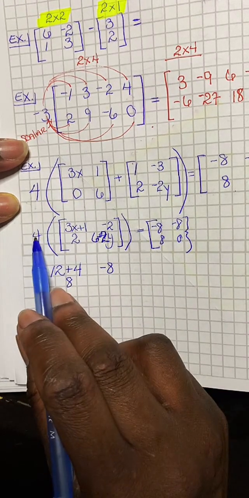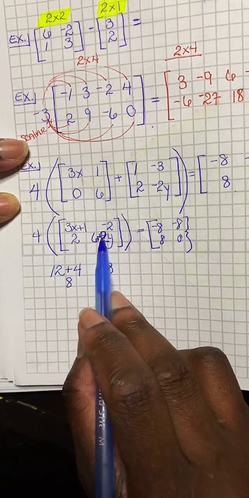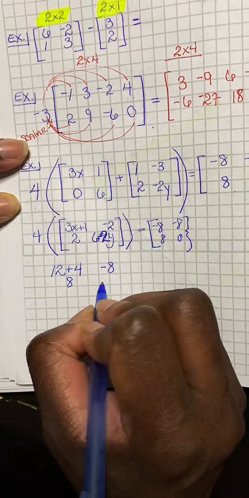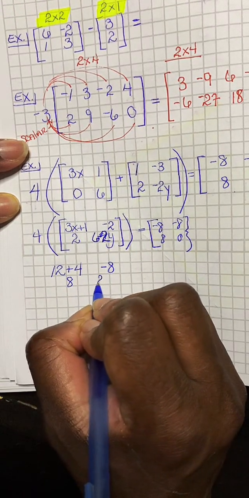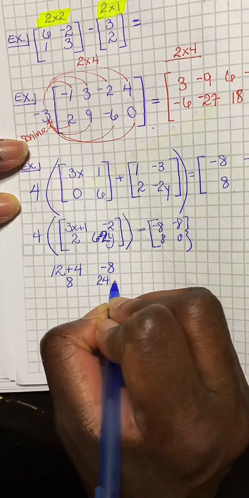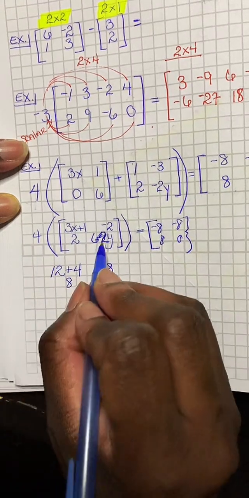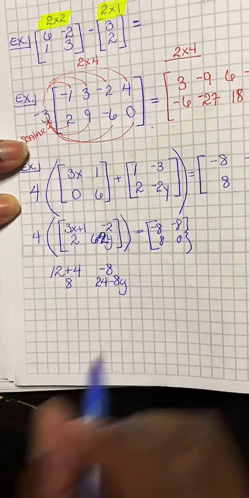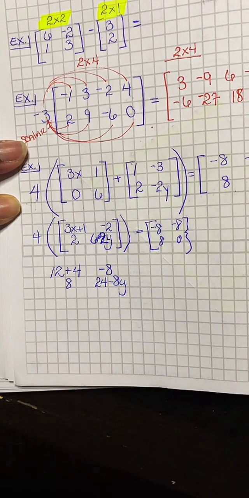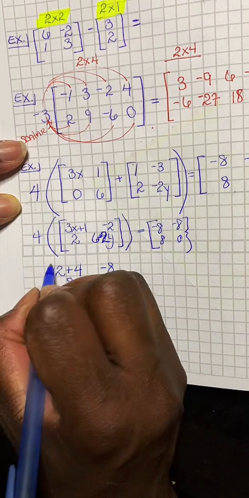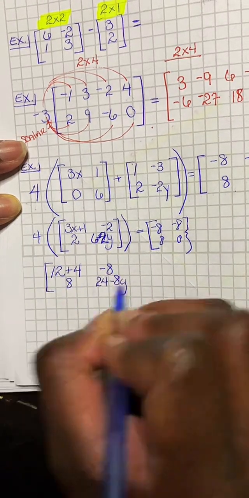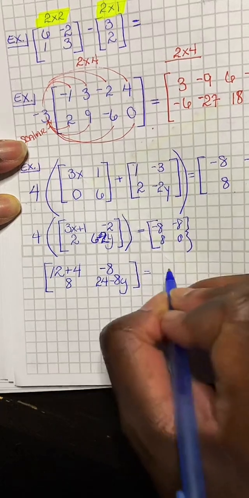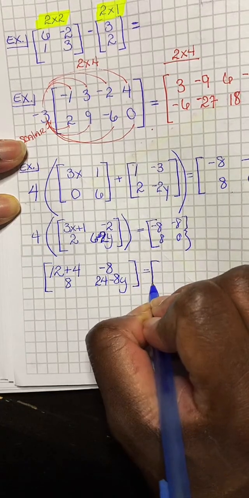And if I multiply the 4 and the 6 minus 2y, I'm going to have 4 times 6, which gives me 24, minus 4 times 2y, which gives me 8y. All right. So that is another matrix. And you're probably saying, well, okay, Audrey, what do I do with this other matrix that's out here?